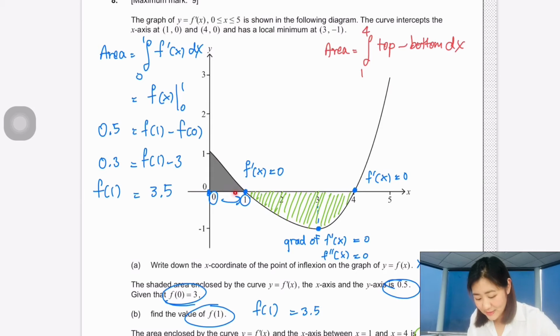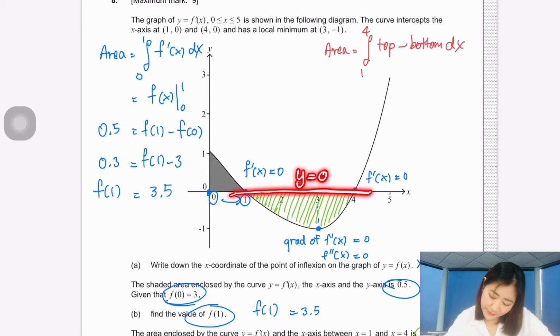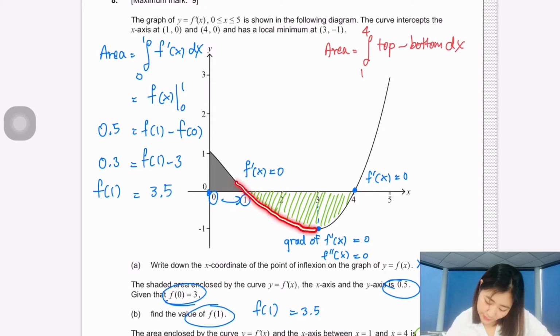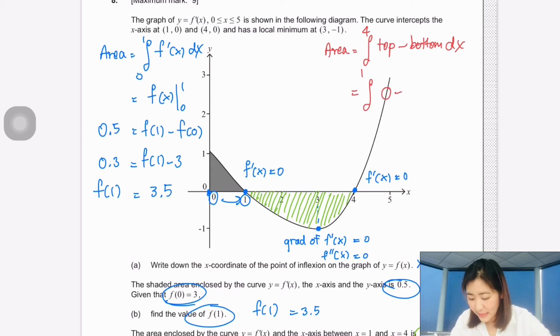The top function is this line, right? This line is when y equals 0. And then the bottom function is this line, which is y equals f prime x. So you're going to get the integral of 0 minus f prime x dx from 1 to 4.